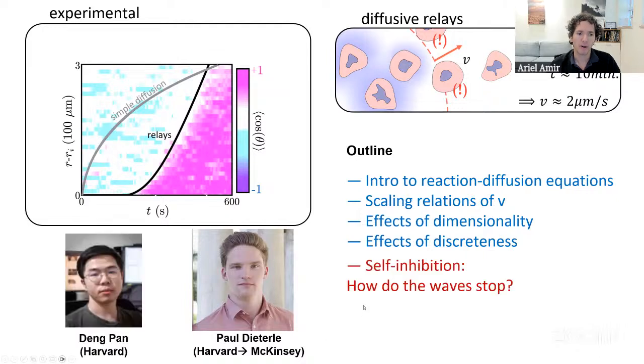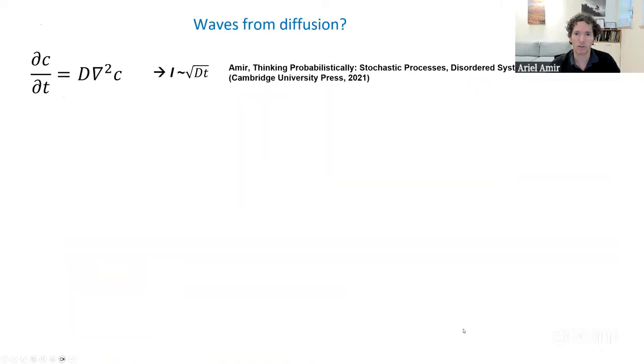And in the last part of the talk, I'll speak about very recent work associated with the self-inhibition properties of these waves. How do these waves stop once they begin to propagate? And this is the work, the theoretical work was done by Deng Pang, who is my current PhD student also at Harvard.